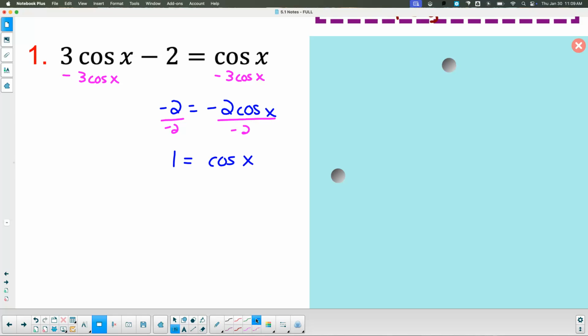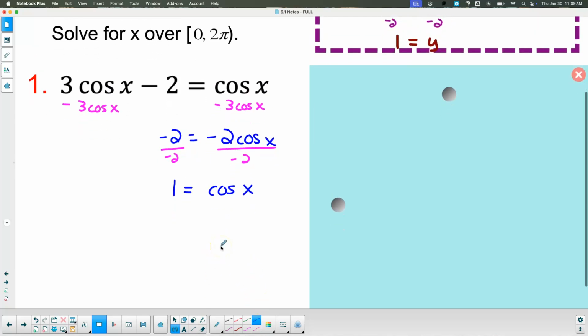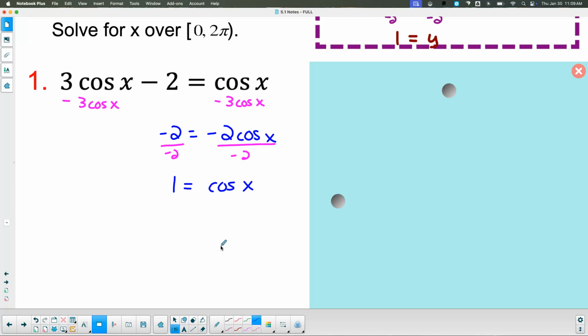But now, because it's a trig function, it's got even more gravitas to it than just solving for a singleton variable. I need to know on the first lap of the unit circle. That's what solving over this here means: first lap of the unit circle. On the first lap of the unit circle, where is cosine equal to positive 1?